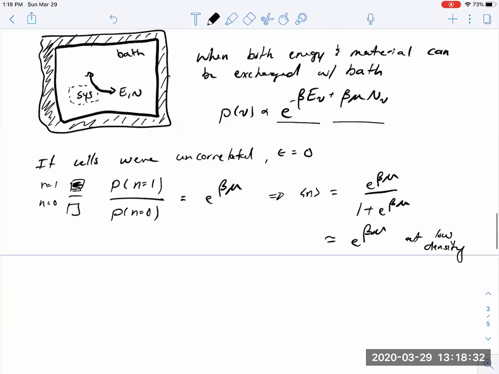If we rearrange that, we find that mu is equal to kBT log of the average occupancy.